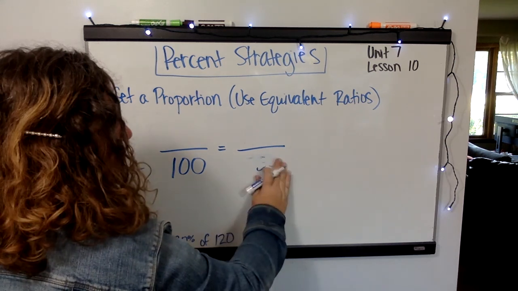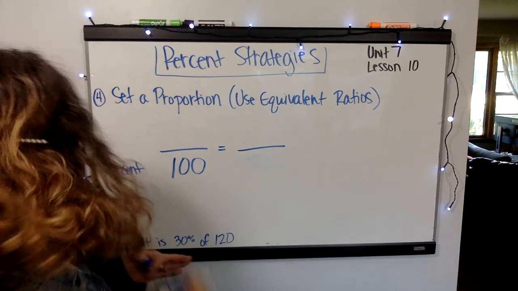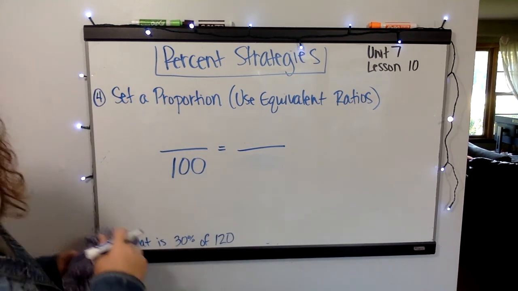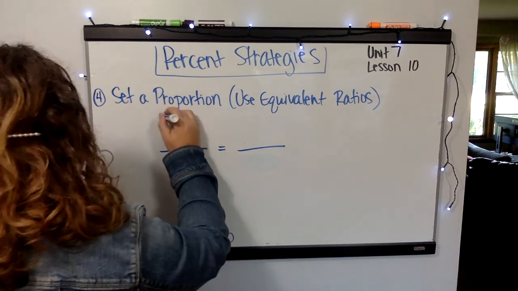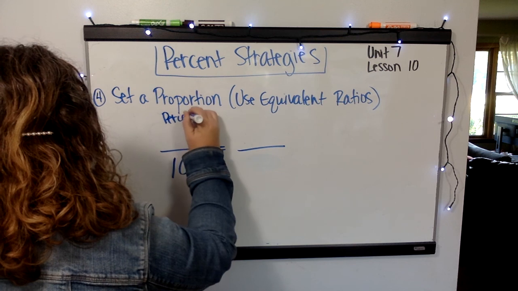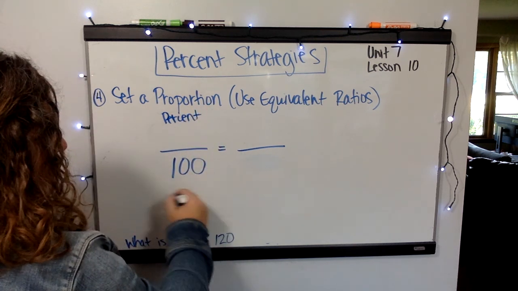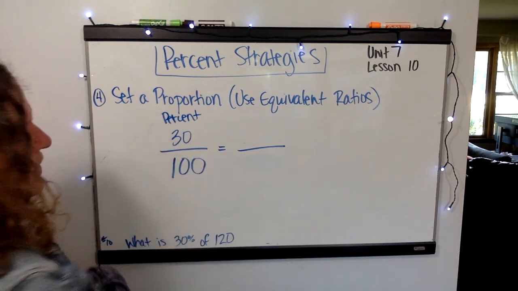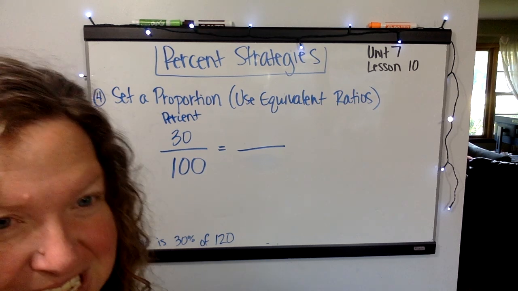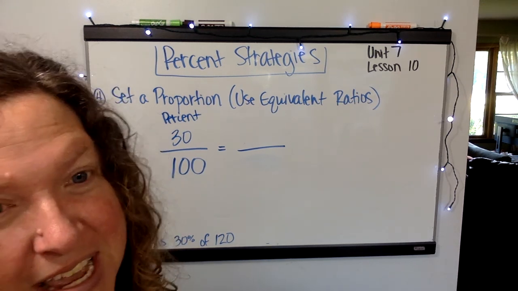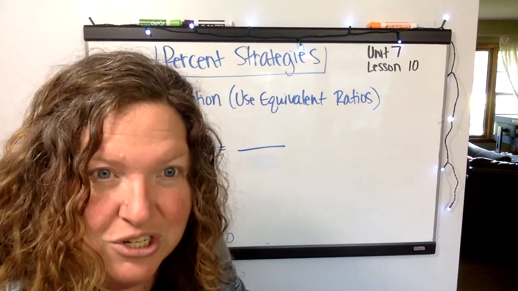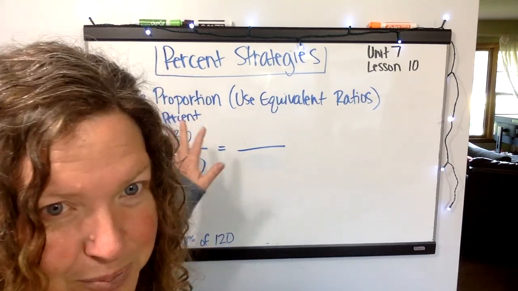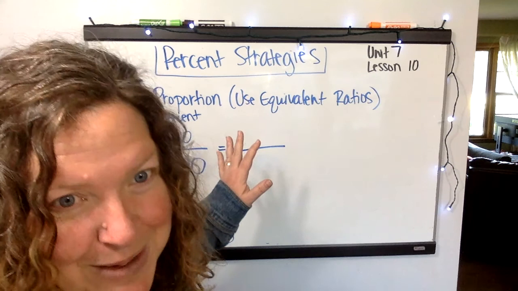But check this out. You could label the percent column. And then you've got 100 here and 30 there. That's the cool thing about proportions and equivalent ratios, and also about factor puzzles, is you can change the labels, but you have to put the information in according to what your label is.